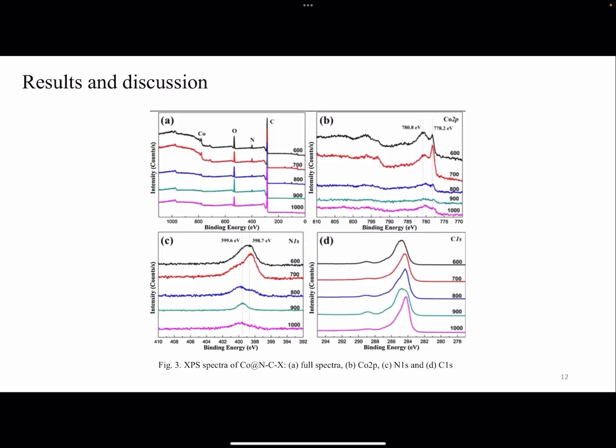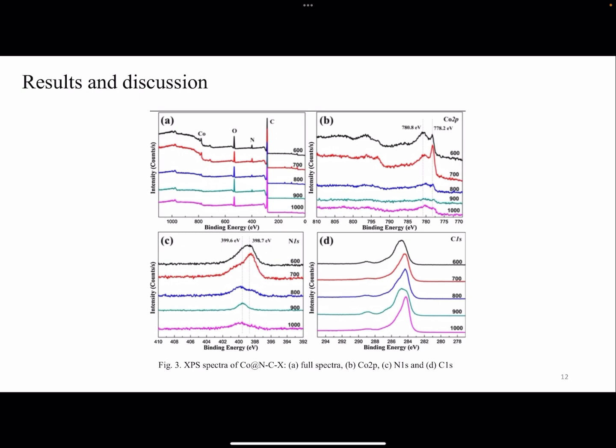And in figure 3, to understand the chemical state on the catalyst surface, we perform XPS characterization. As shown in the survey spectra in image A, signals for cobalt, nitrogen, and carbon are clearly present across all samples.